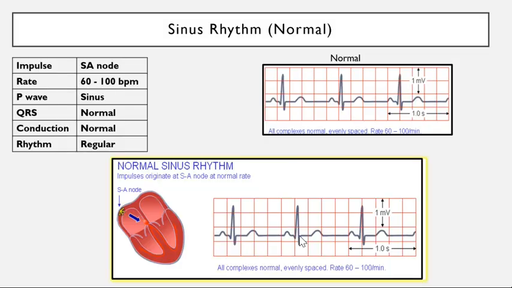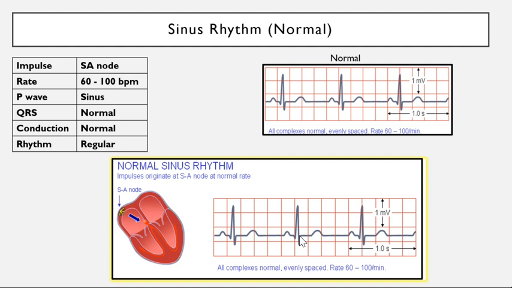Yeah, exactly. This is what the normal slide will look like, where you have an SA node. This is your normal heart rate, and I want y'all to know that. 60 to 100 beats per minute is the normal range. If it is 50, for example, that is brady, like we saw. If it's 120 or so, it's very fast.